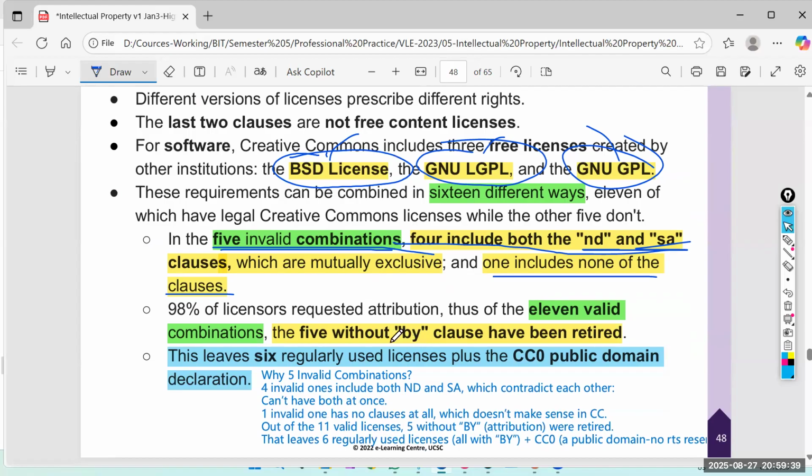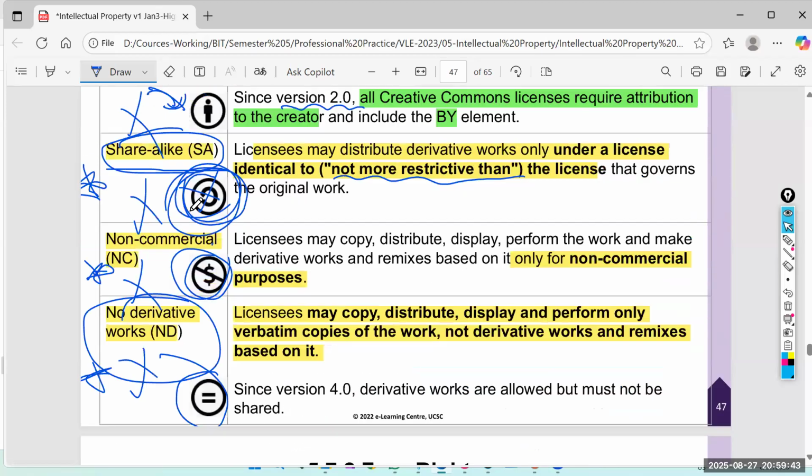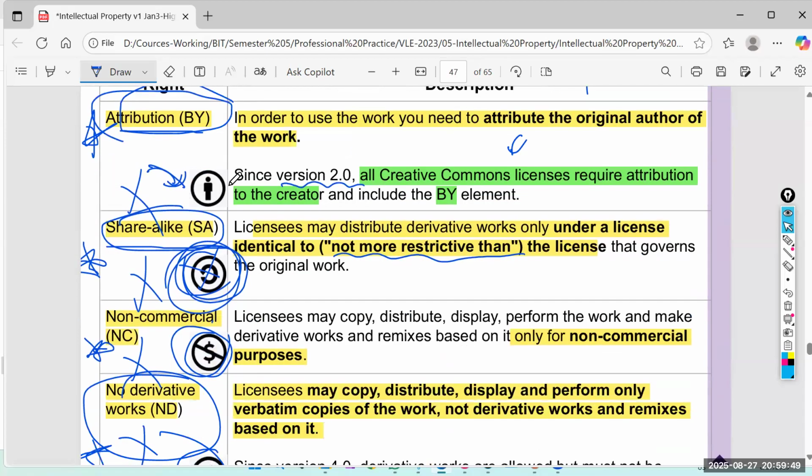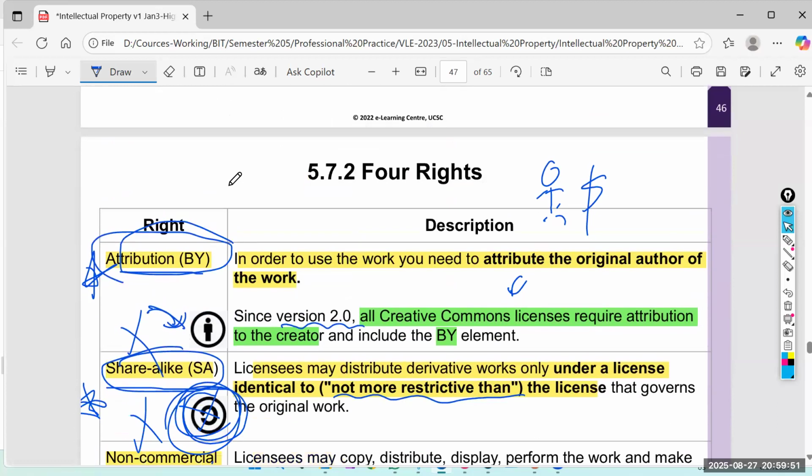And remember, you can't have any combination without BY. Attribution is a must. You can't have a Creative Commons license where this is ignored, because this is a mandatory right. Now how many rules have you learned? Attribution is a must.